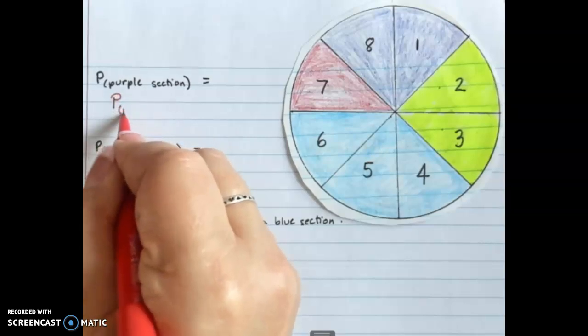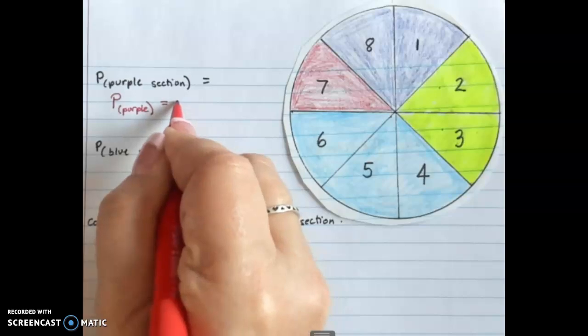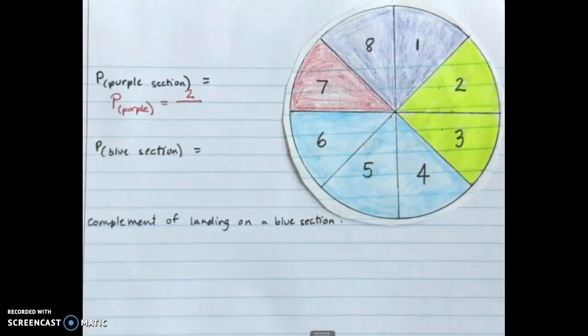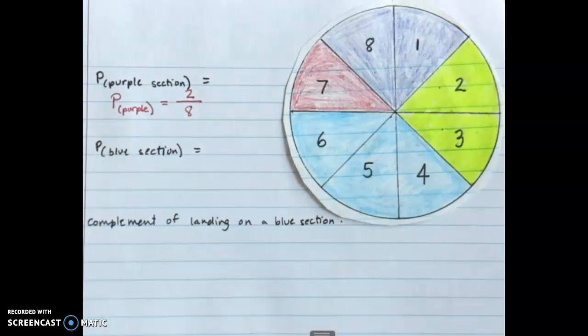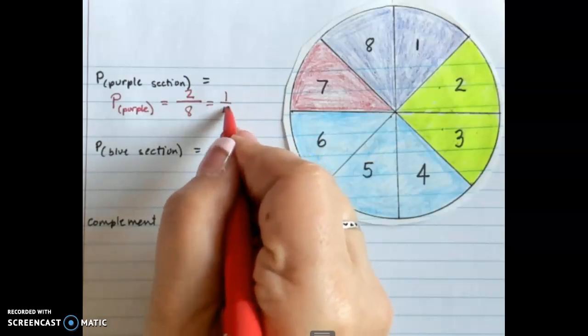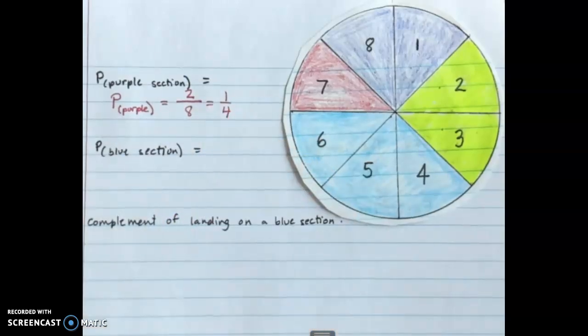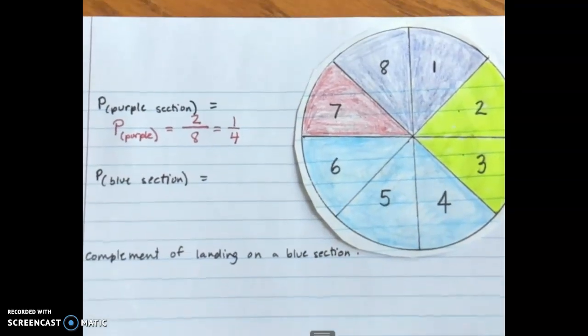So the probability of purple is going to be 2, because there are 2 ways that could happen. I could land on the 8 or the 1, which are both purple, out of 8 sections altogether. Remember that we should simplify, so the probability of landing on a purple section is equal to 1/4. All right, let's take a look at the probability of landing on a blue section.